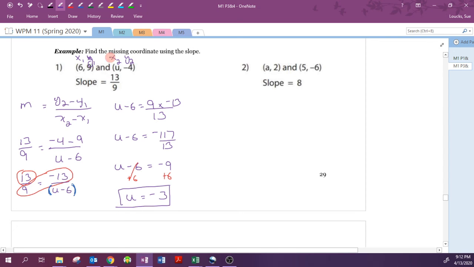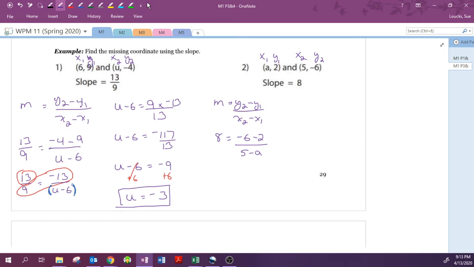Okay, let's do another example here. Slope equals y2 minus y1 over x2 minus x1, x1, y1, x2, y2, and the slope is 8. So 8 equals negative 6 minus 2 over 5 minus a.